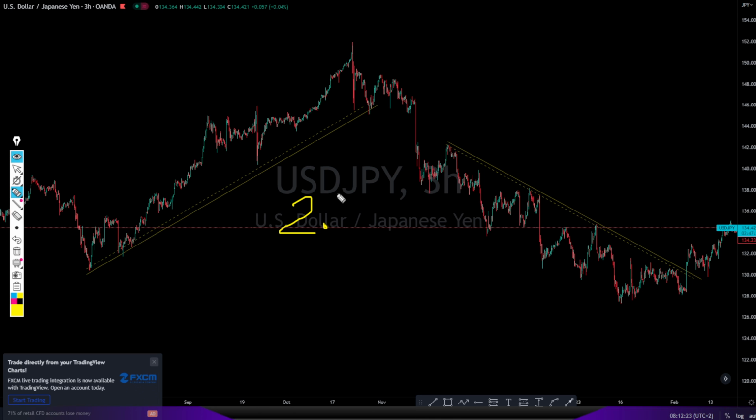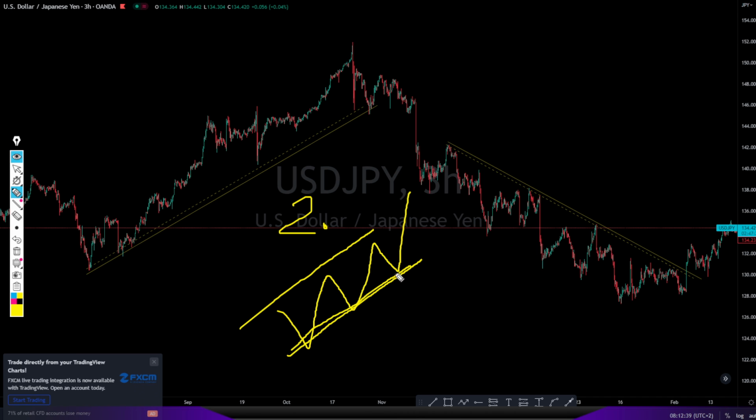I hope that makes sense. Mostly we get this on horizontal lines, but yes, support and resistance can also be like this. The market can actually move like that. This is going to be a support and this is going to be a resistance.